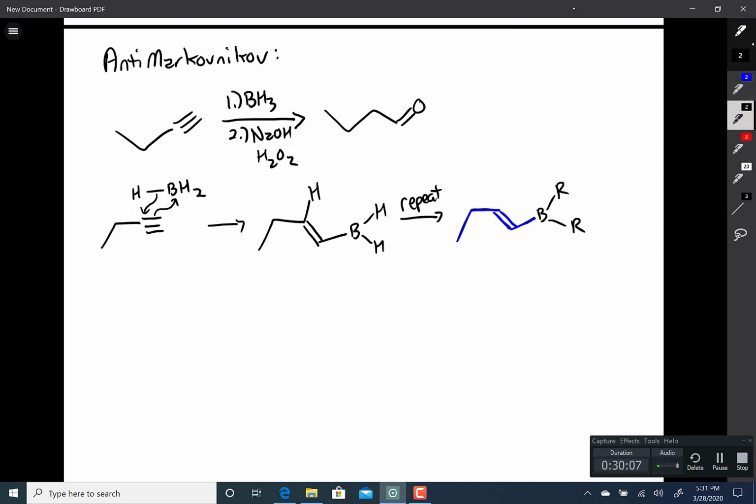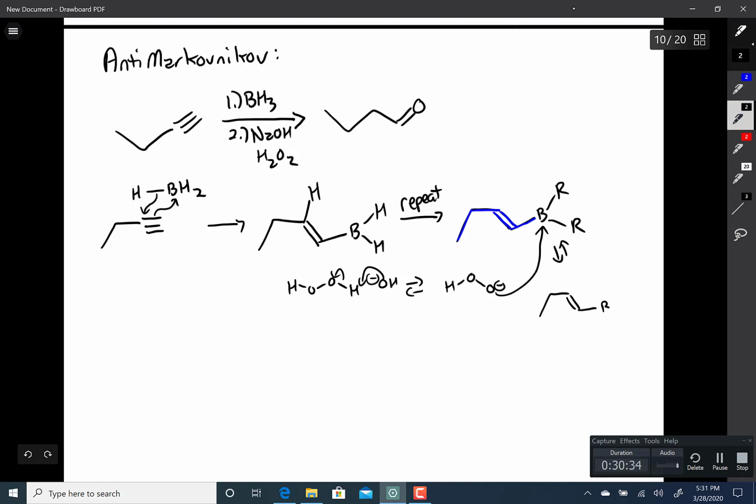Now it's time for the oxidation of this. So you have the acid-base reaction between hydrogen peroxide and hydroxide. And this adds to the boron. Now here's the strange step.